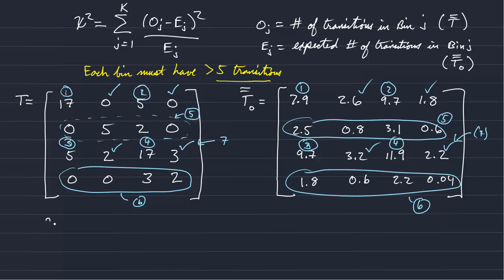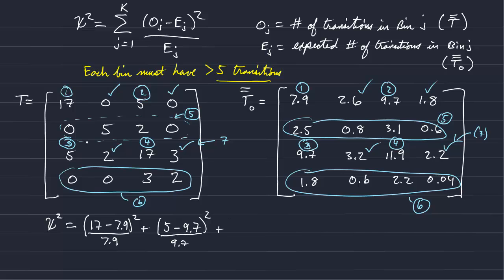So chi-squared becomes the sum over the bins. The observed number in bin 1, which is 17, minus the expected, which is 7.9, squared, all over 7.9, plus the observed number in bin 2, which is 5, minus the predicted, which is 9.7, squared over 9.7.